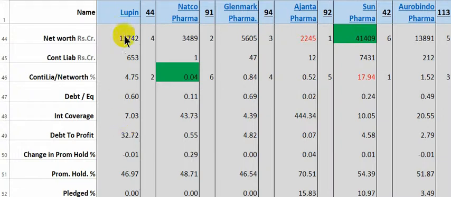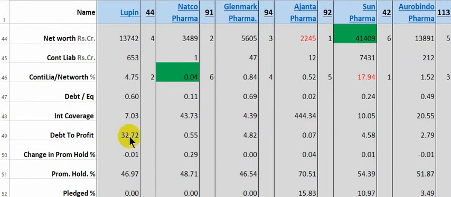Because Lupin had less profit in the latest year, and many of these ratios are based on the latest year's data, these points reflect not only the long-term picture but also the latest year's net profit.